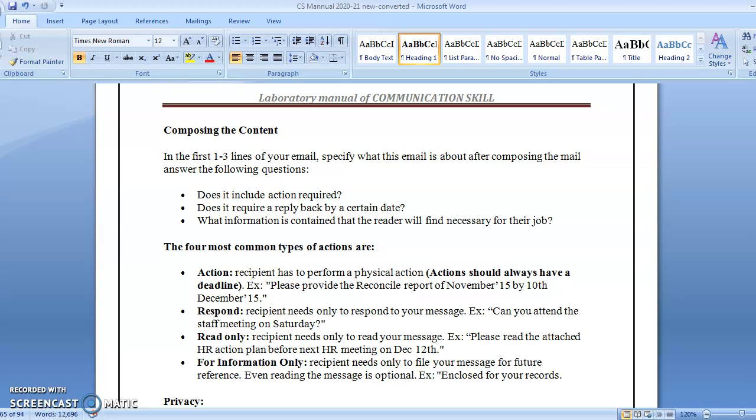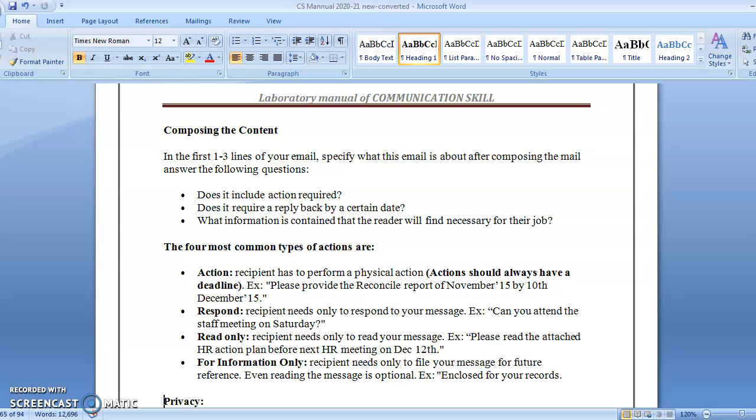Then read only, for example, please read the attached HR action plan before the next HR meeting. Then information only, for example, enclosed for your records.